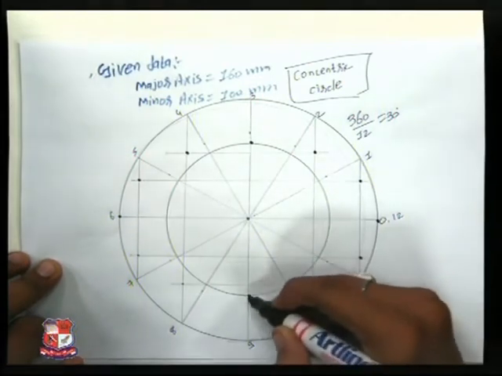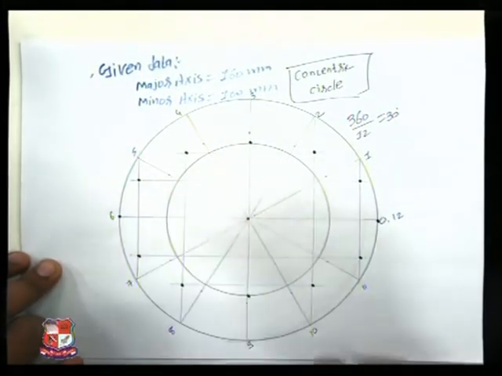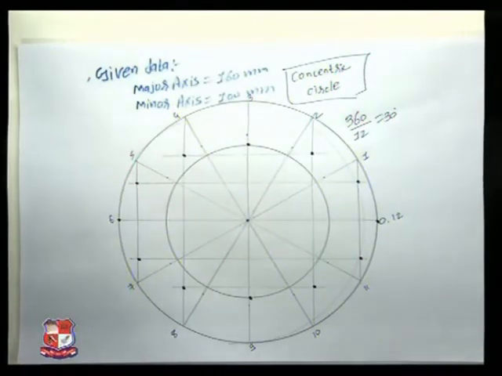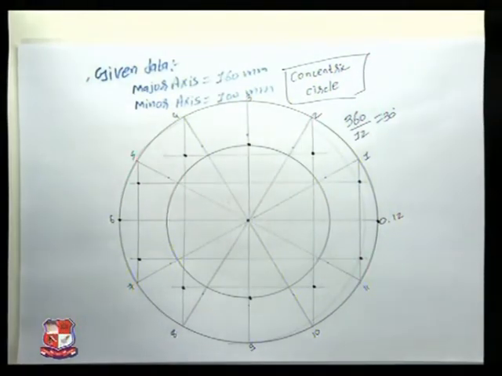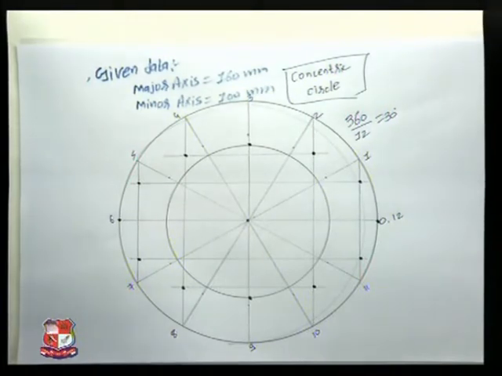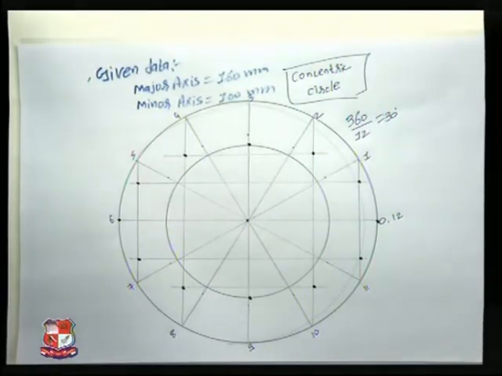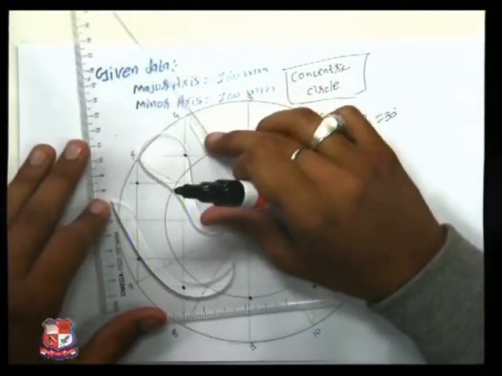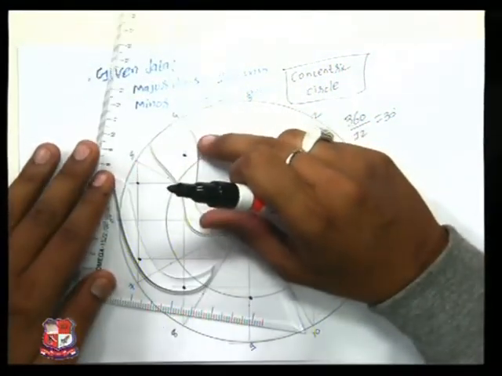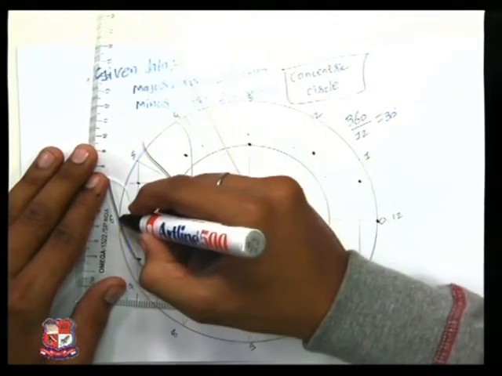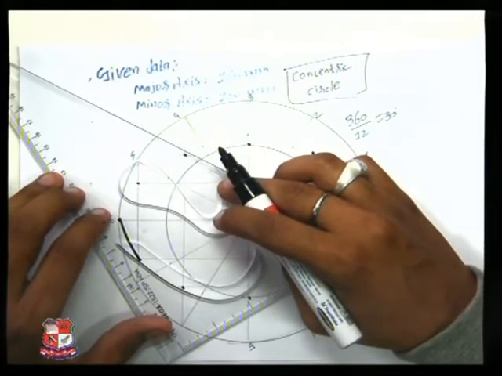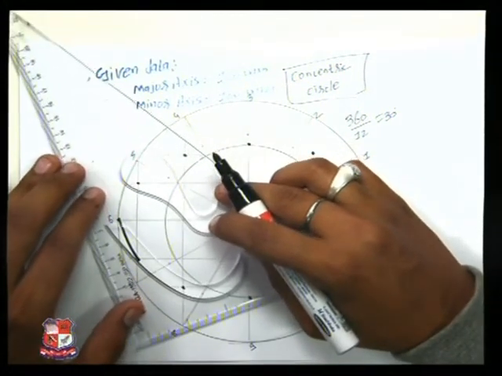These are the points which we have got. Now we need to join them using the French curve. Join using French curve to get a very smooth curve.